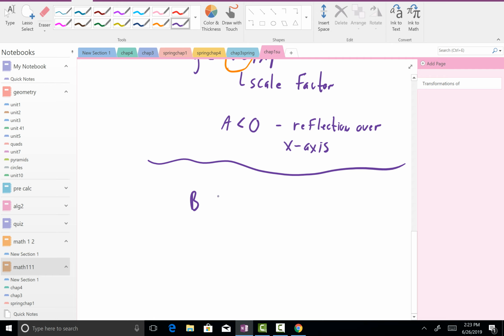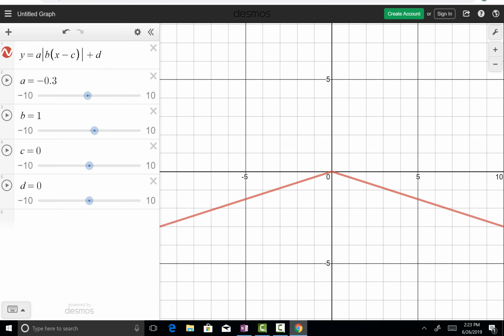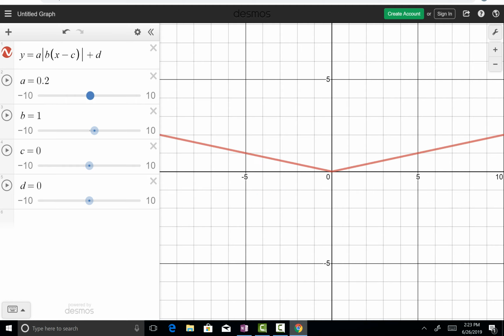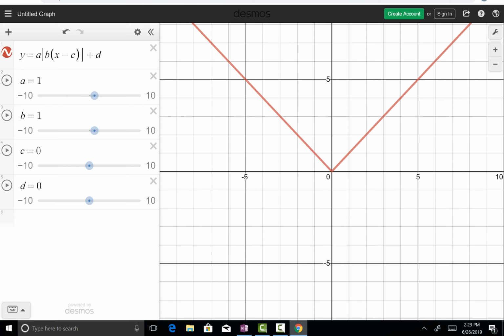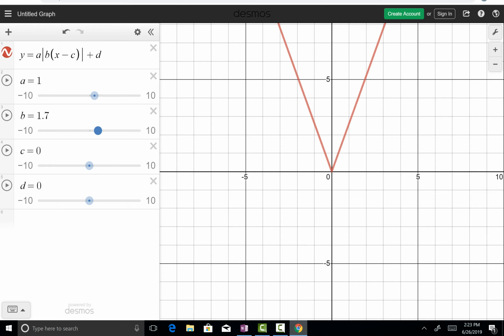Let's pause that and get some ideas. Hopefully you kind of got some ideas. Now, many of you probably said, I think it does the same thing. And it's pretty easy to say that. Let me get this back to 1 here. And as we move this, it says, oh, I think it's doing the exact same thing.